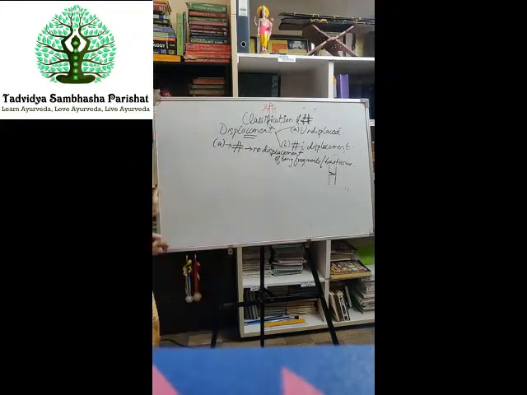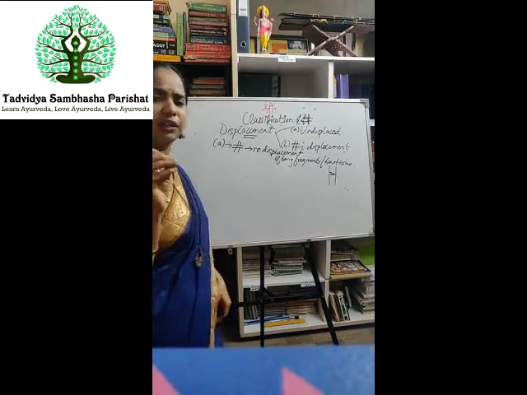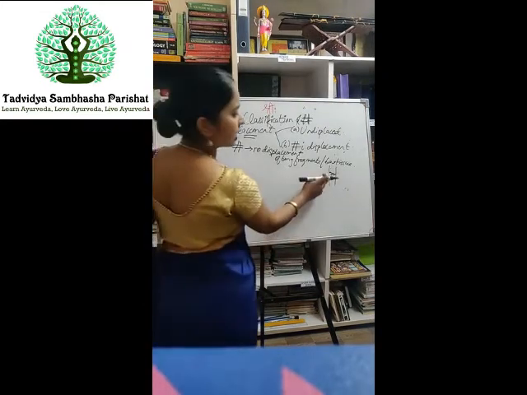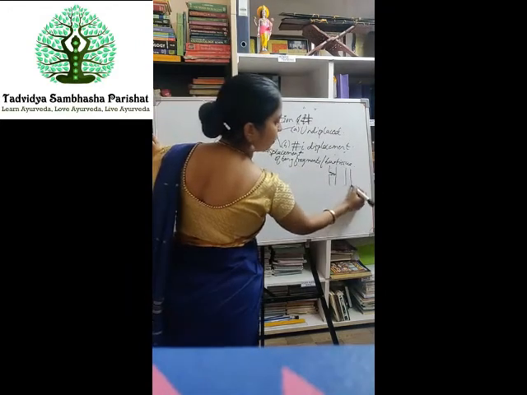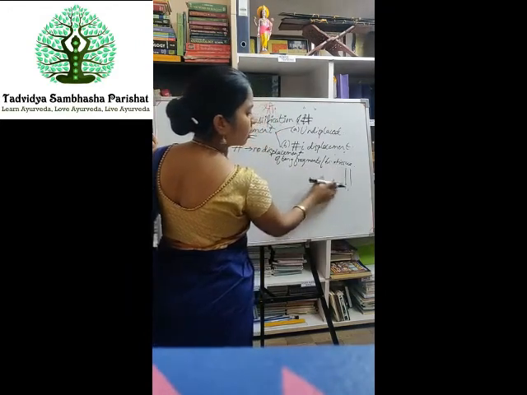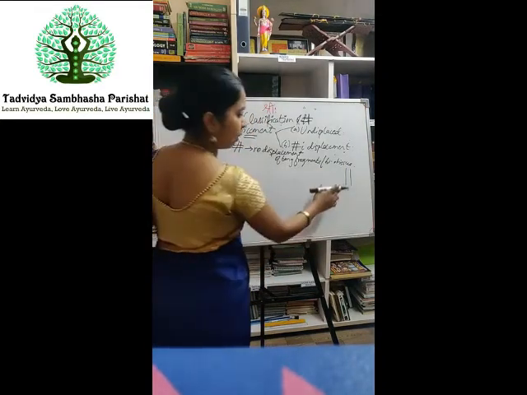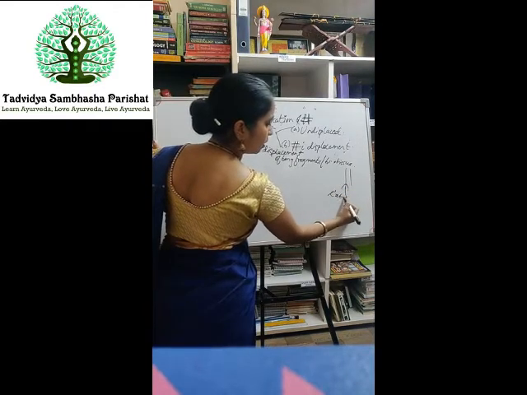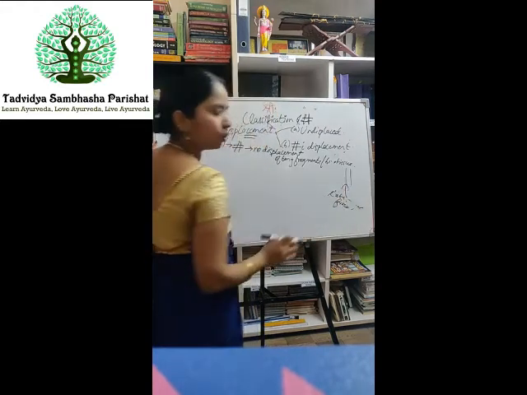One thing I forgot to say, which is very common, is the definition of fracture. So what is a fracture? A fracture is nothing but a discontinuity in the bone tissue. For example, this is the bone before any external trauma. Now there is an external force acting on the bone tissue.